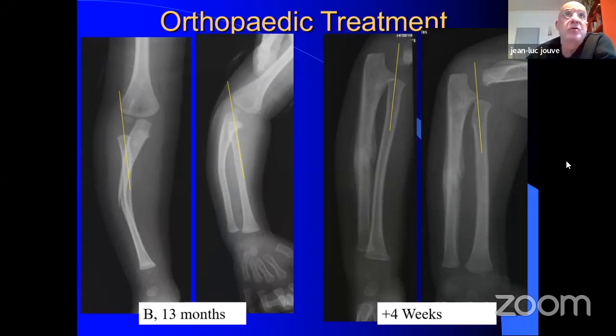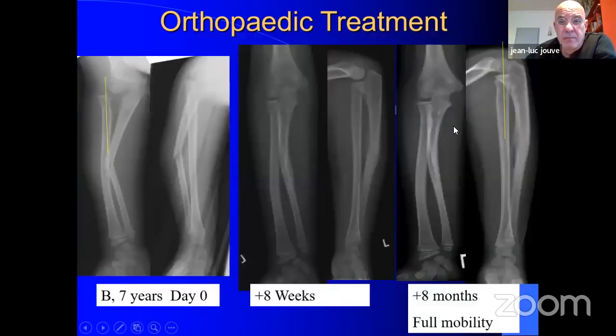You have to check on the X-ray under the cast very carefully that there is no secondary displacement. So, another case with the same fracture and with a reduction, you see that we also obtain a good result and a good reduction of the radial head.